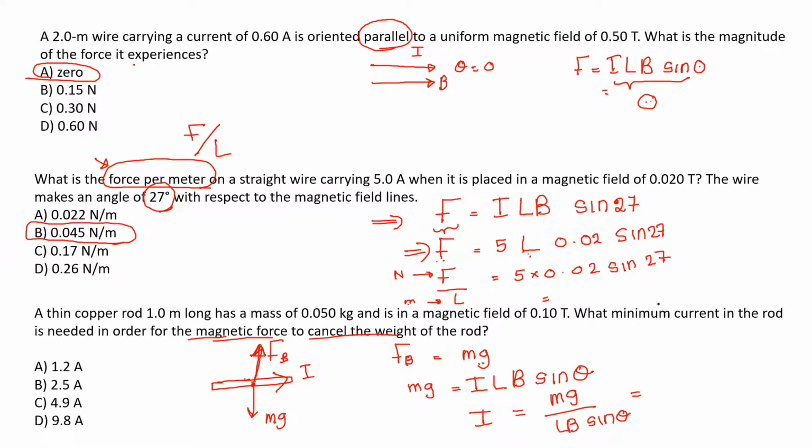Now we read the question again. Oh, they are asking something about minimum. Maybe the value of theta has to do something with it. Okay, so I'll write the equation here again. We know mg and LB are constants.